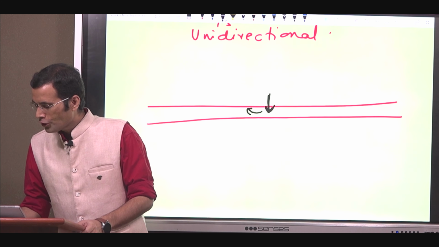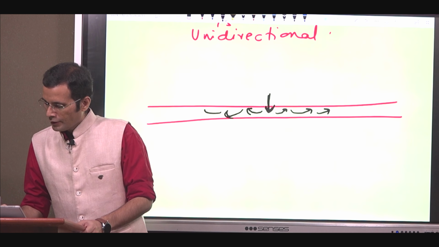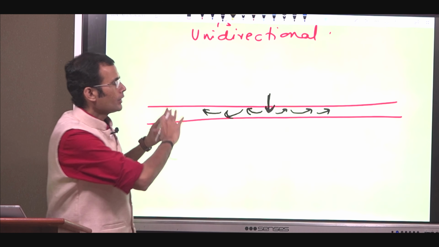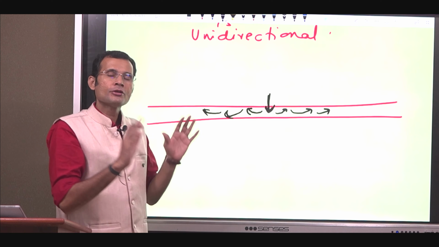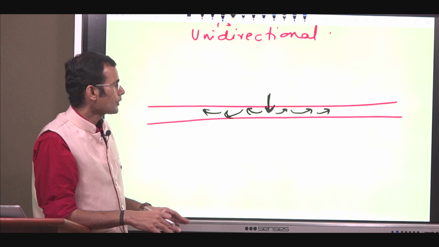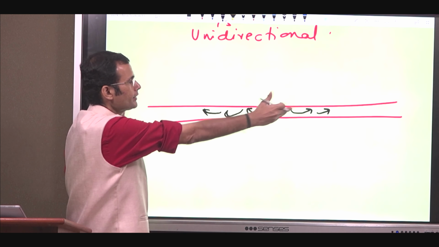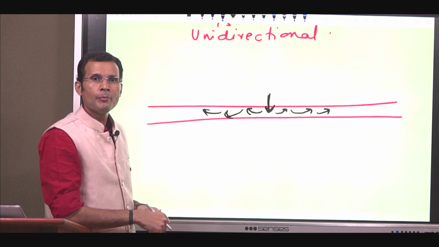Impulses can go in either direction, because this nerve fiber was resting so far at minus 70 millivolts. Now you have applied the stimulus in the middle and sodium channels are present all along the nerve fiber membrane.